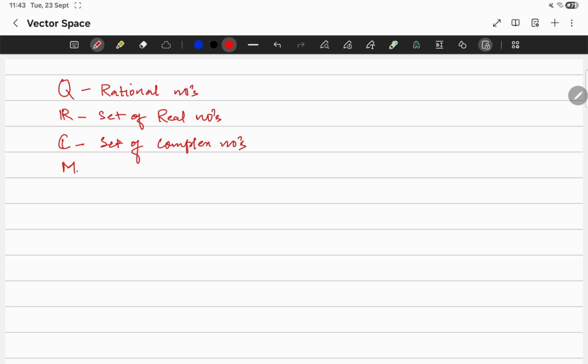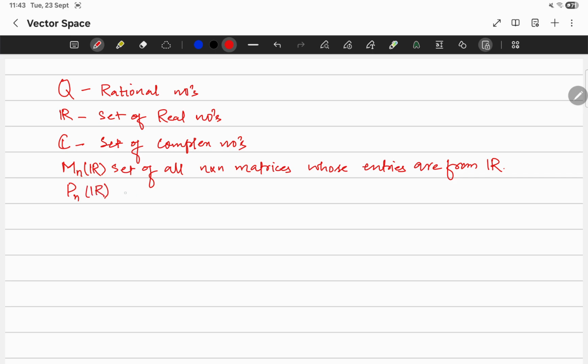Similarly, M_n(R) is the set of all n cross n matrices whose entries are from the set of real numbers. Similarly, P_n(R) is the set of all polynomials whose degree is less than or equal to n.